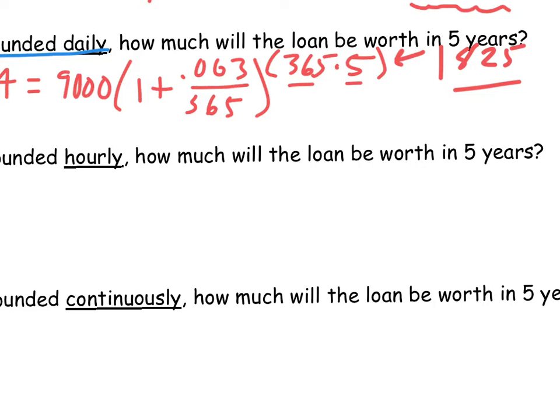Let me try this again. 365 times 5. Let's do 9,000 parentheses 1 plus 0.063 divided by 365.